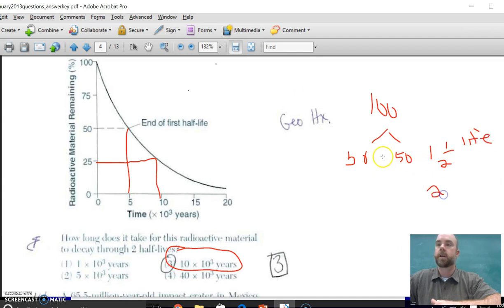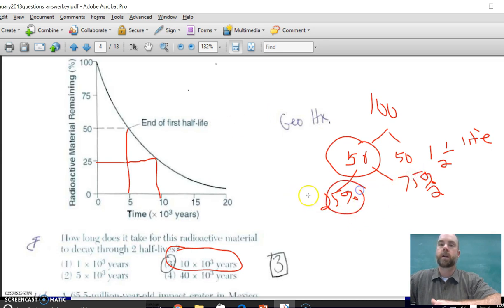In the second half-life, this is the parent here. If it's 50, it's now going to be 25%. And on this side, you're going to have 75% of the daughter. All right, so 25%, and that gives us 10. Next question.